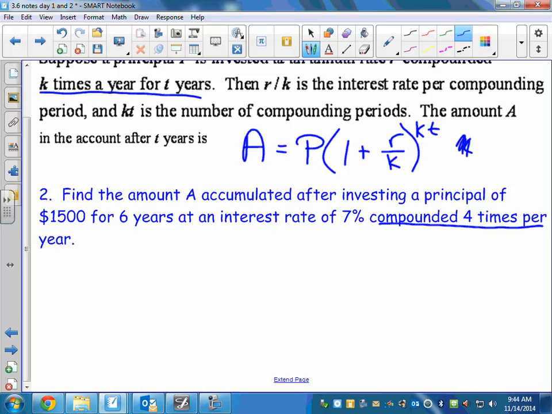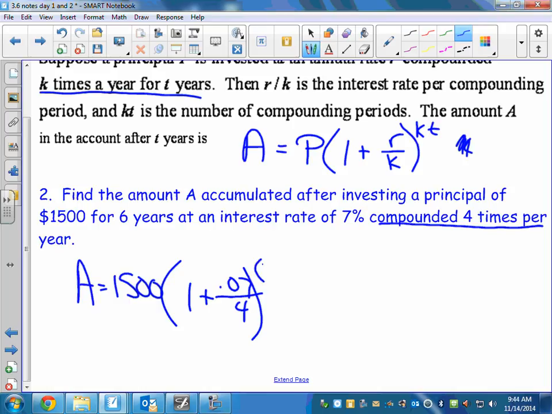1 quarter. Yeah, fractions. So same thing, except now I'm going to take 0.07 divided by 4, and now my exponent is 4 times 6.